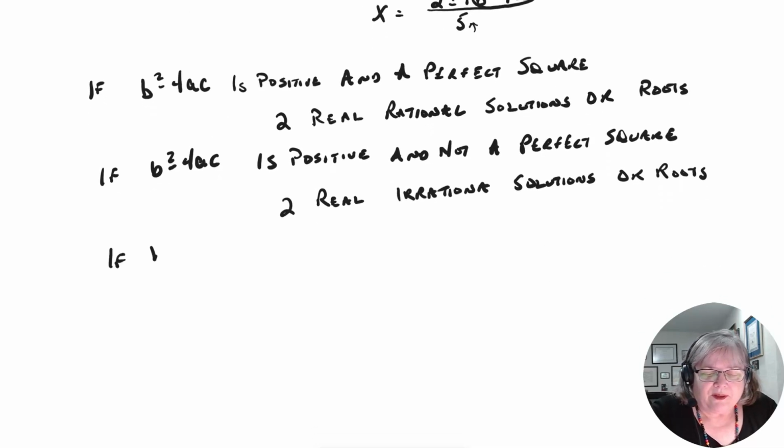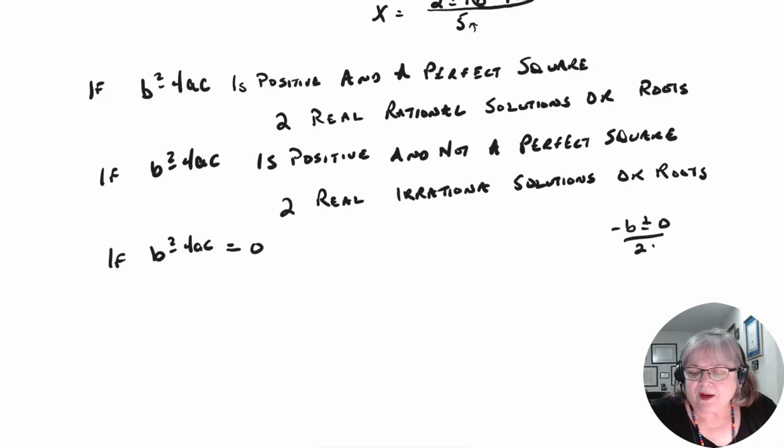If b squared minus 4ac is equal to 0, right, then what you would have is minus b plus or minus 0 over 2a. Well, plus or minus 0 is just 0, so you would just have a singular answer. So you will obtain 1 real rational solution.